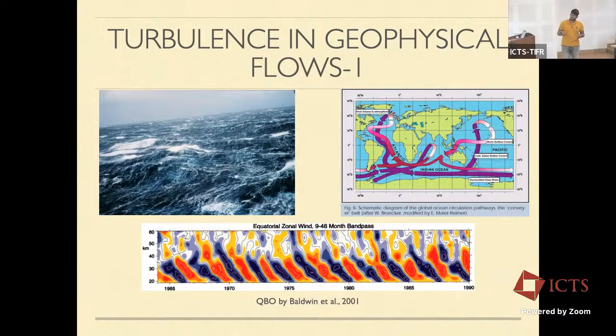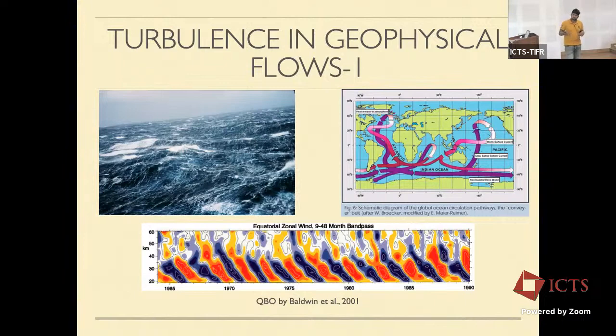the oceanic circulation, which again, just because of the typical length scales in the system, can have important effects due to turbulence. And below is a typical picture of the atmospheric quasi-biennial oscillation, where in the mid latitudes you have this reversing mean flow. These are driven by convection at the atmospheric boundary layer, which then excites internal inertia waves, which then lead to such a mean flow which is driven in the atmosphere.